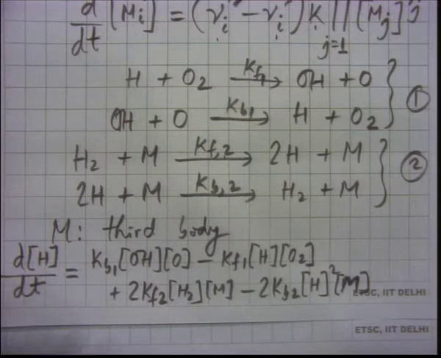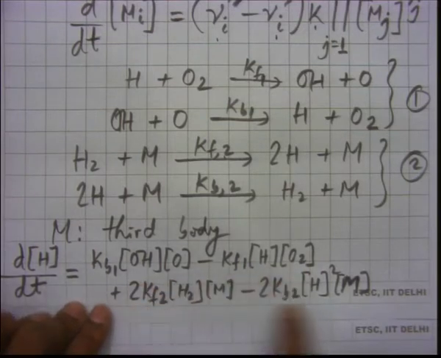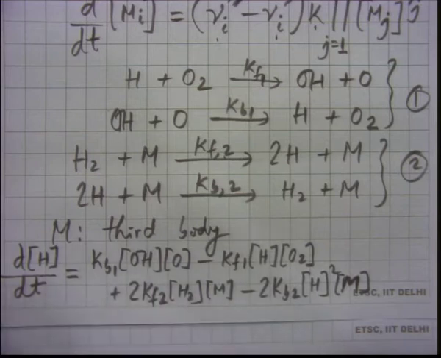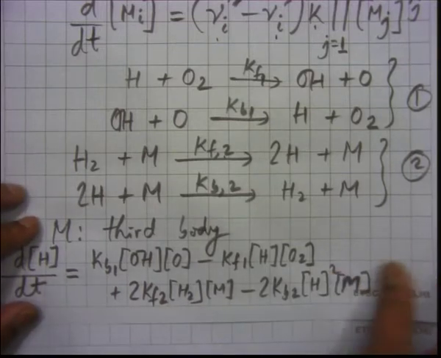You can do that by writing all these terms, and so law of mass action gives you dH dt for individual reactions, and it gives you a sign of those terms either positive or negative, and you just add them. So, this tells you about law of mass action.